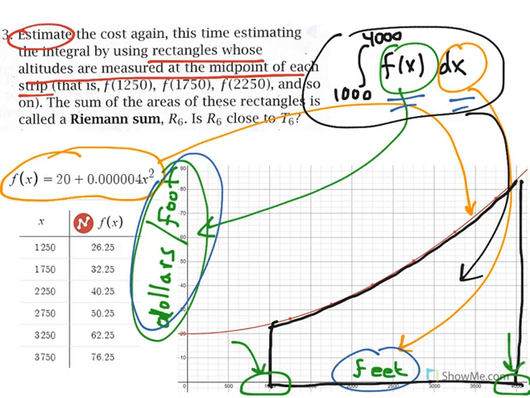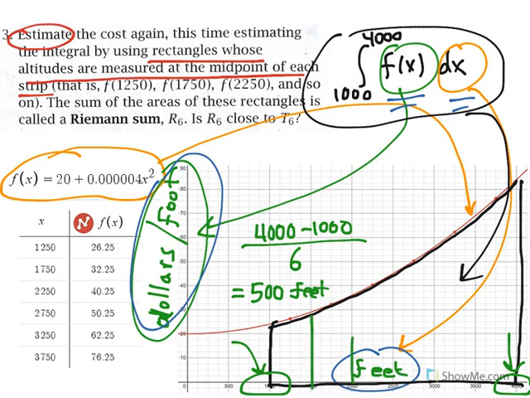So we have the interval from x equals 1,000 to x equals 4,000, which has a width of 3,000 feet. And if you divide that into 6 subintervals of equal width, each subinterval will have a width of 500 feet. So these are our subintervals, and I will indicate them with these green vertical line segments.